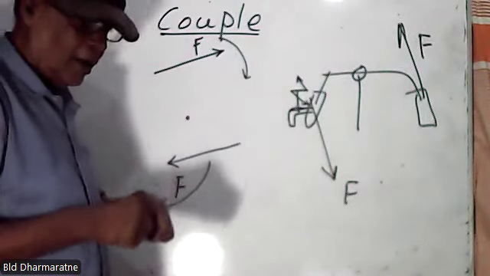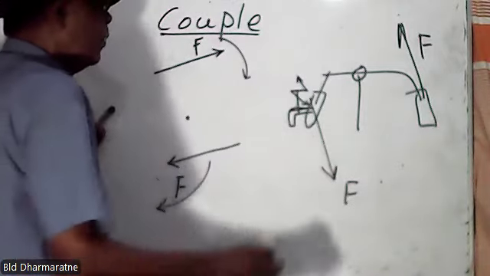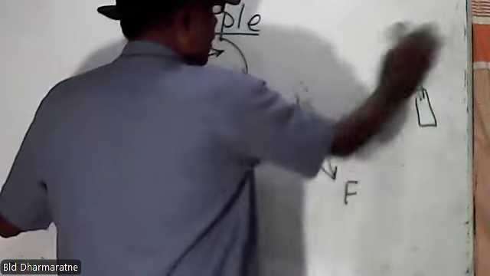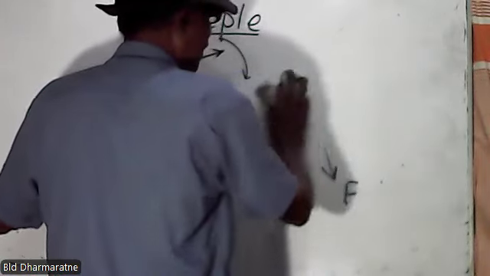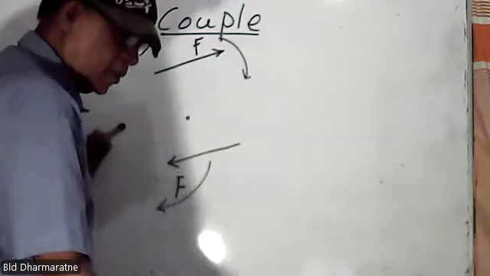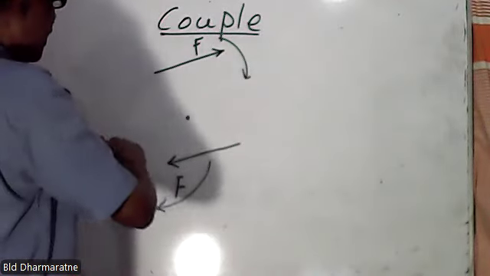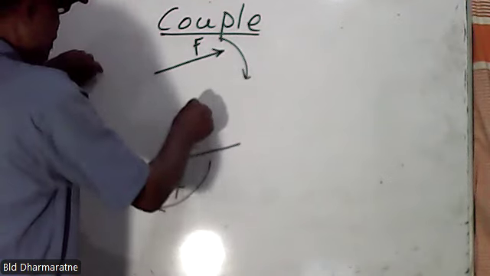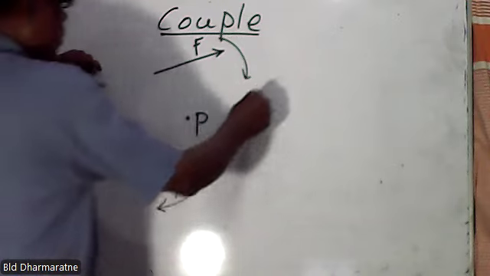Now, today we are discussing that the couple moment does not depend on the point taken. We say here is the point P, and we are taking moment.